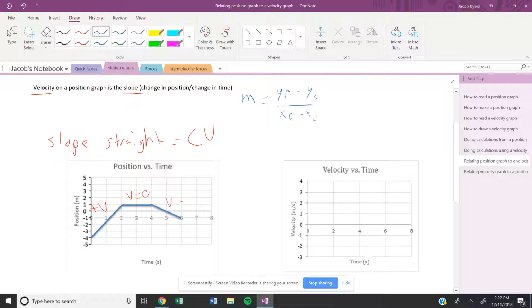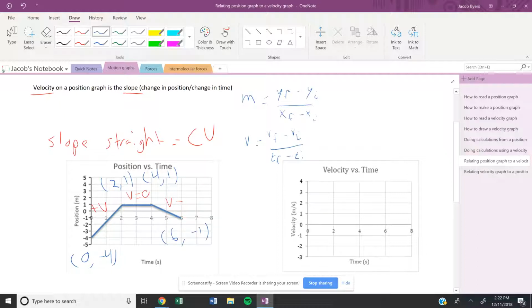So here our velocity is equal to our final position minus our initial position, over our final time minus our initial time. We start off here at (0, -4). We go then to (2, 1), (4, 1), and (6, -1) down here.